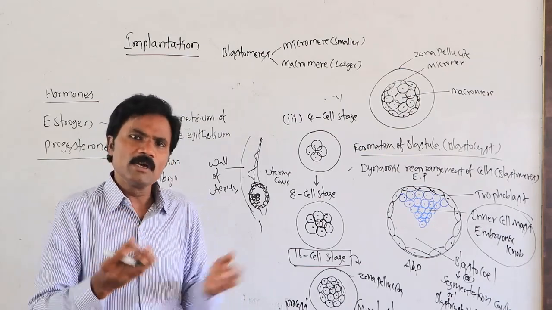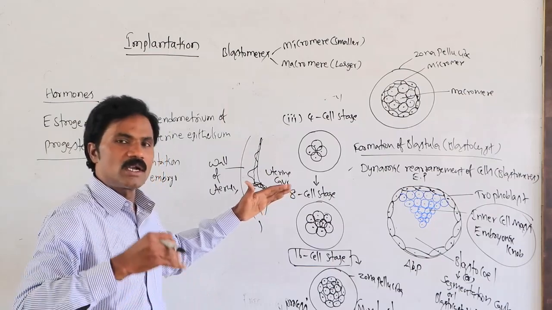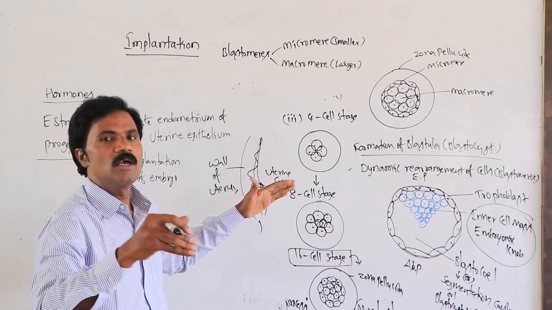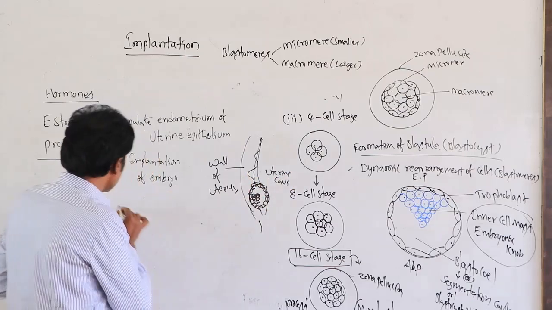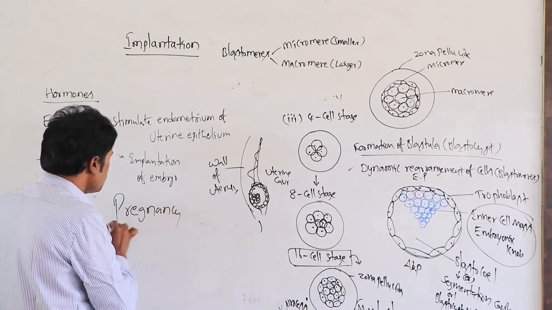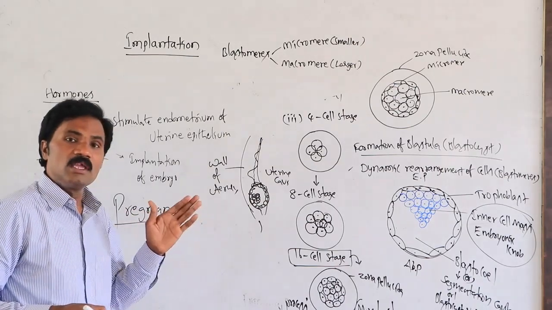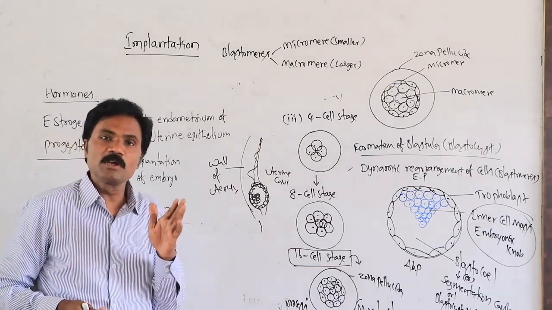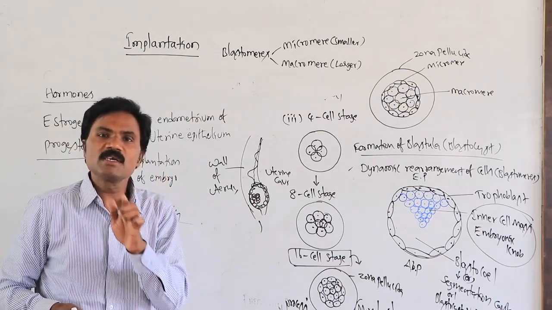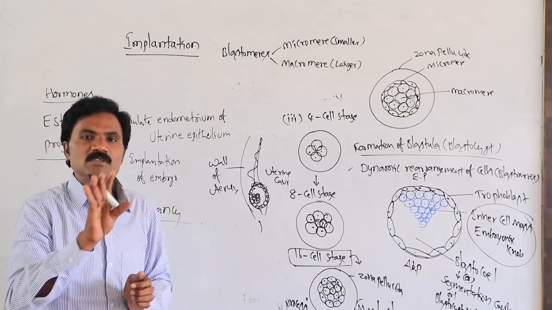Okay? After implantation, what does it lead to? After implantation, it may lead to pregnancy. In the human female reproductive system, the pregnancy period is 9 months plus or minus 10 days.